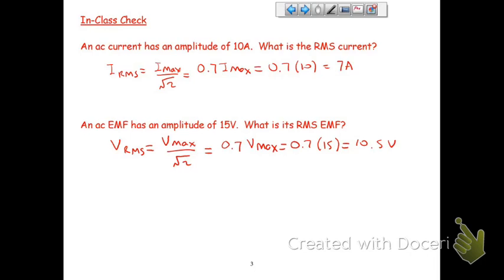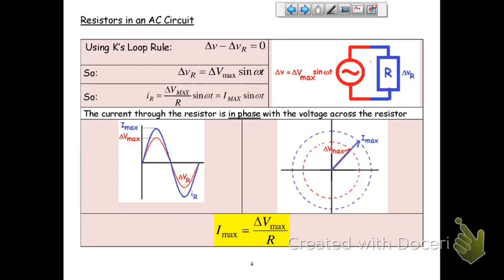So there's my two answers. Just a nice, simple conversion. People do it a lot, so be used to it.